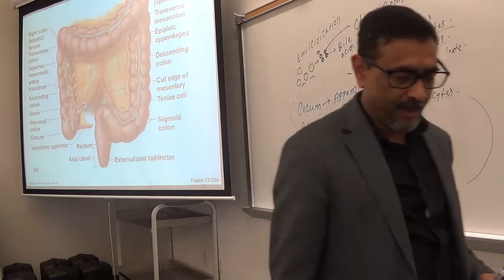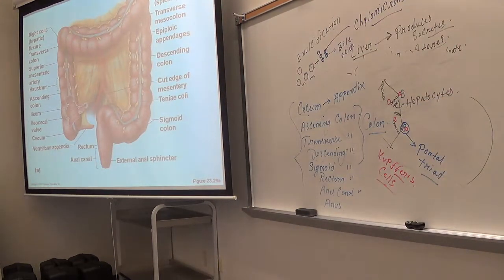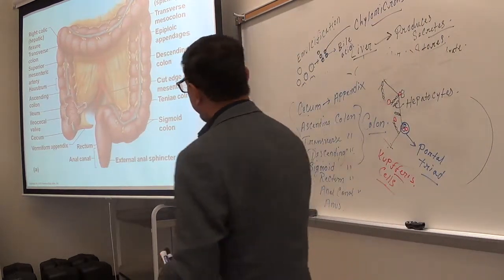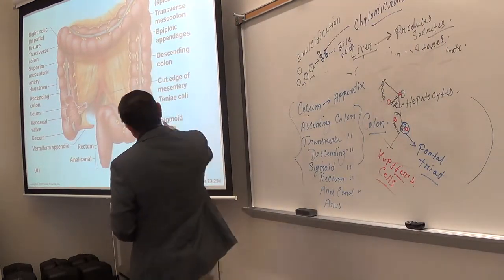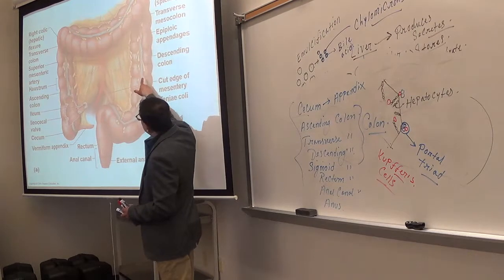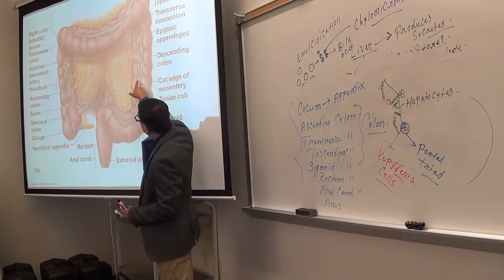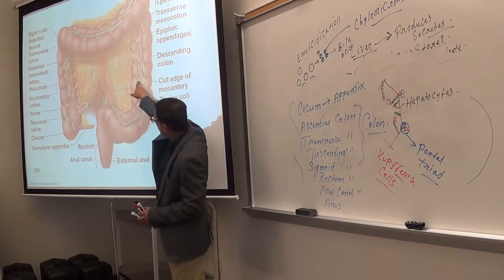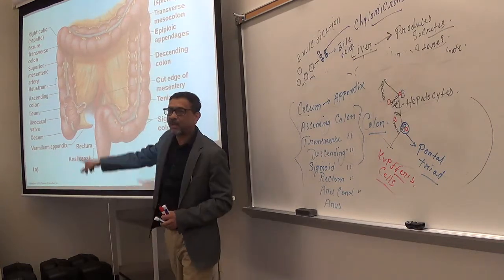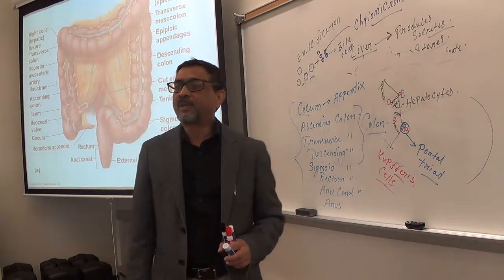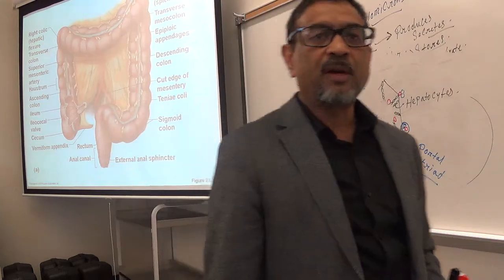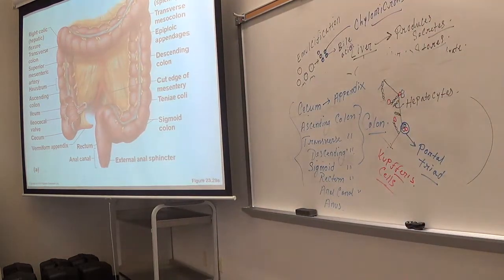Tinea coli, a band of smooth muscle fibers, concentrated fibers. And you'll see tiny fat structures. These are adipose tissue or fat structures, yellow in color, attached to the tinea coli, and these are called epiploic appendages.